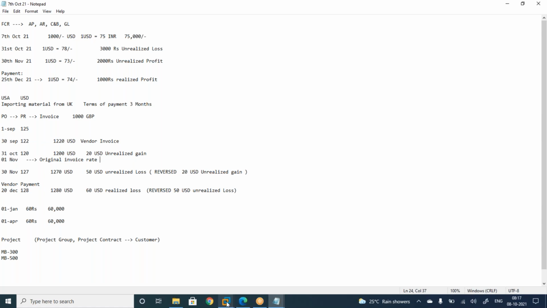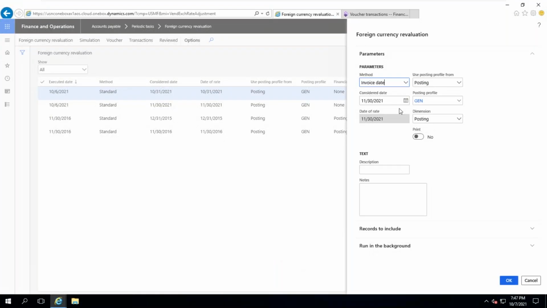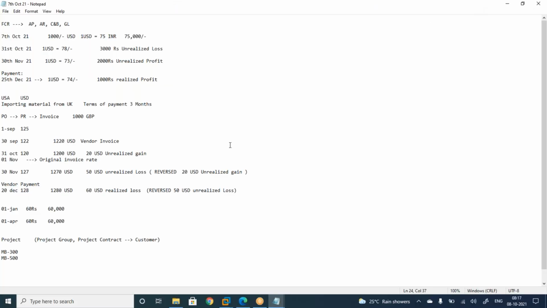Then you can use this invoice date on 1st of November. Then the reversal entry will be posted on 1st of November itself. Understood? Very few companies will follow this.